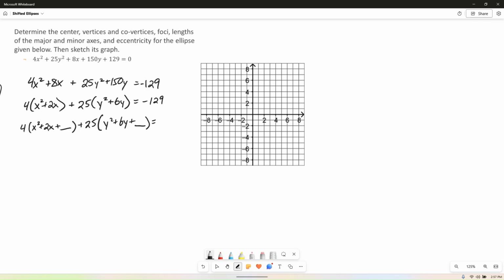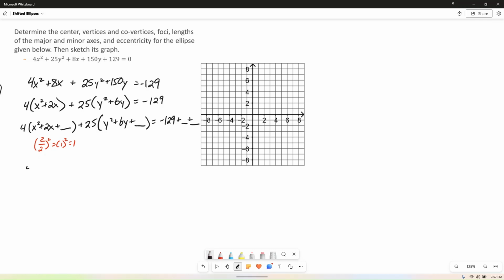And all of that will equal negative 129 plus the values that we added to both sides of the equation. To complete the square with the x's, take the number in front of x, which is a 2, divide it by 2, and then square it. So 2 divided by 2 is 1, and 1 squared is 1.